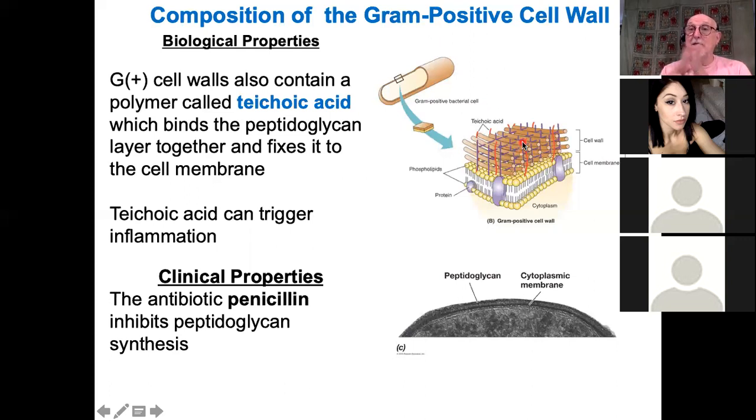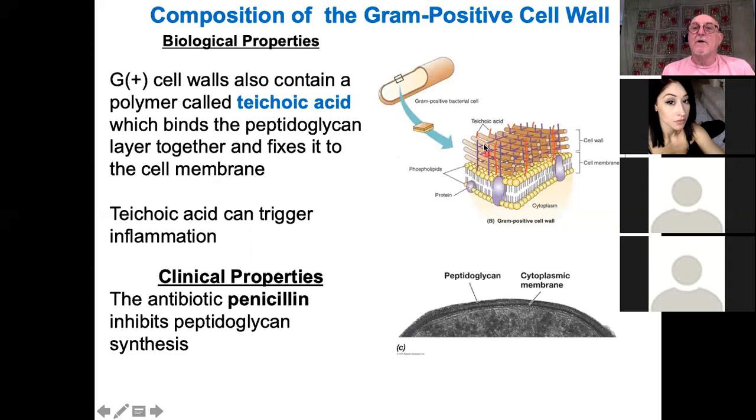It's important to note that this thick layer of peptidoglycan is not a barrier at all. It's got huge gaps in it that allow molecules to pass freely back and forth. There's no control over what passes back and forth. It's not a living entity like the cell membrane at all. It's inert. So there are a couple of clinical things to note.